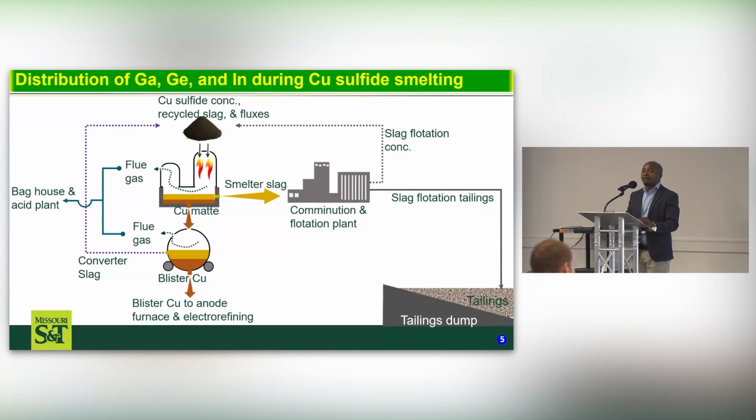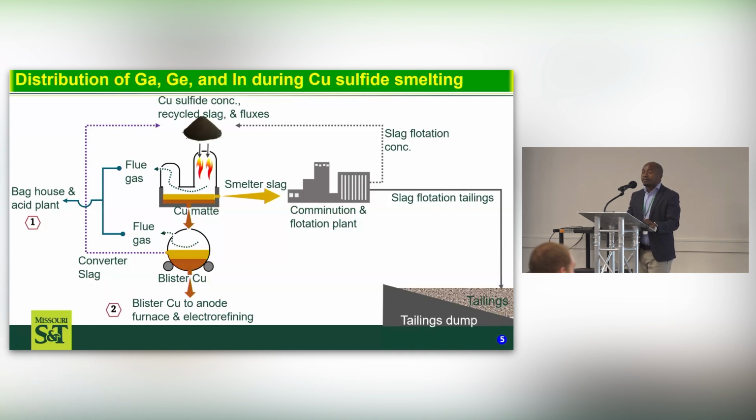So what happens if these critical elements are recovered together with the concentrate and then smelted? This is a simplified smelter treatment of copper sulfide concentrate. These critical elements can distribute into three streams. One, they can be lost to the flue dust during smelting, which can be recovered in the baghouse.